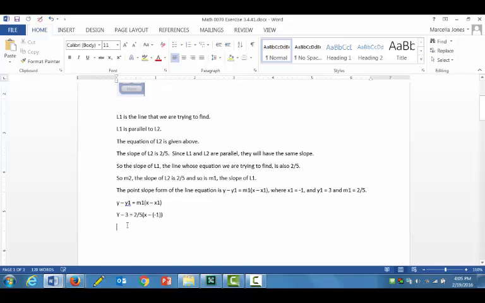We can simplify x minus -1 to x plus 1, since subtracting a negative is the same as adding a positive. So the equation becomes y minus 3 equals 2/5 times the sum, x plus 1.